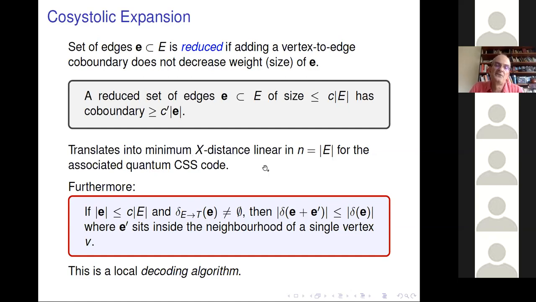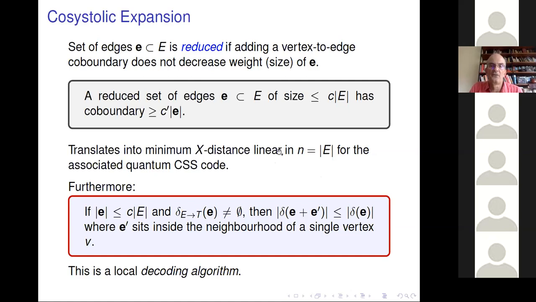So for a set of edges to be both non-trivial, not to be a sum of vertex-to-edge co-boundaries, and have zero co-boundary, then it needs to have a size which is linear in N. So the quantum code that comes with this complex has a very good x distance. Its z distance isn't so good. I'll go back to that in a minute.